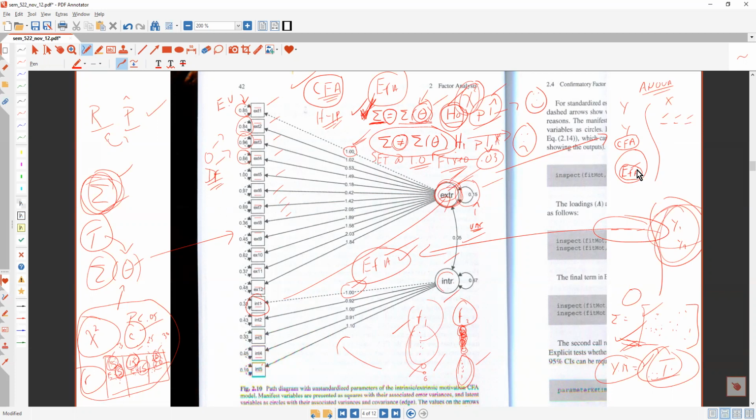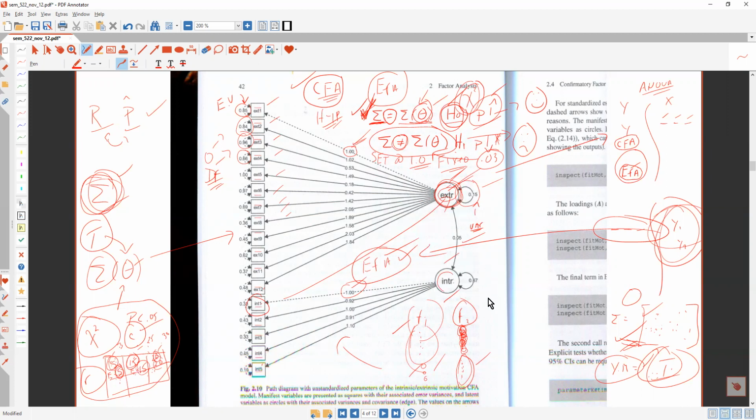In the EFA, you just take what the program is going to give you, but the CFA allows you a little more freedom. So, in my CFA right here, there's nothing preventing me from allowing EXTR to be a function of all these variables and just getting rid of this entirely. I could have run it that way as well, but I chose to run it this way.